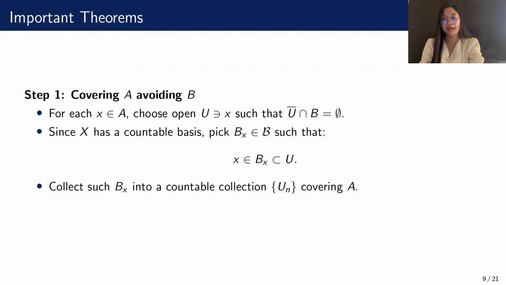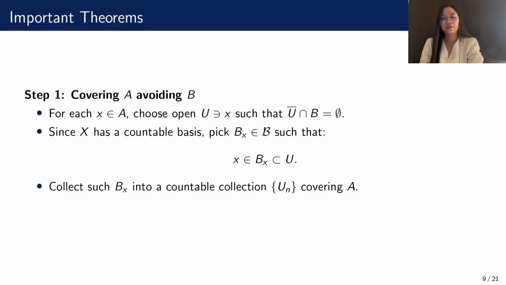Since X has a countable basis, we pick B sub X, an element of the basis beta, such that X is an element of B sub X, a subset of U. So we use basis elements to get the countable collection.